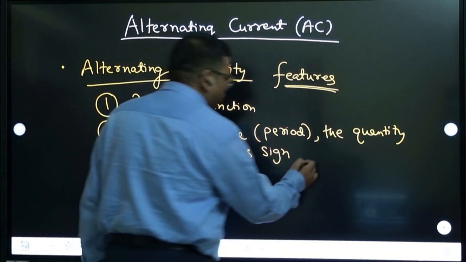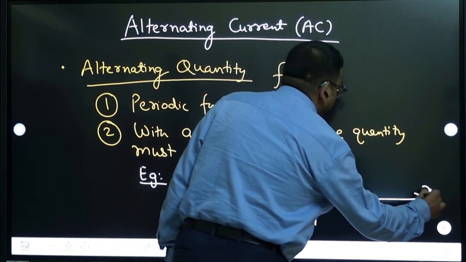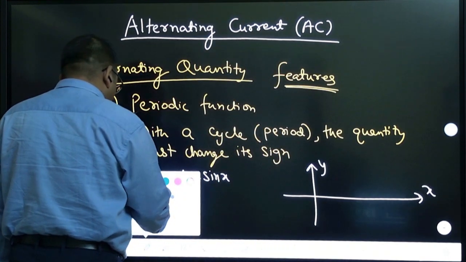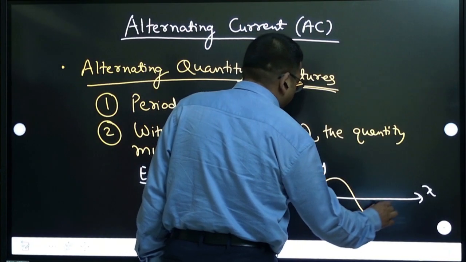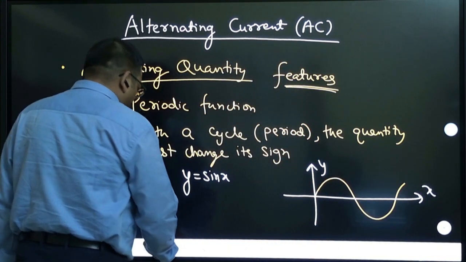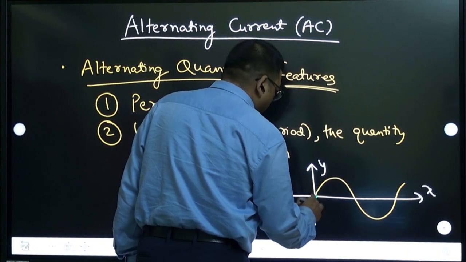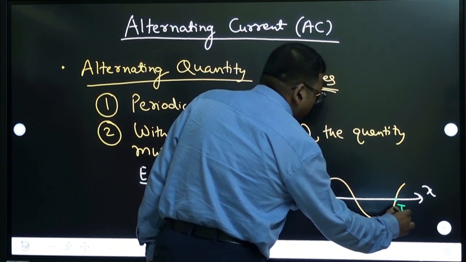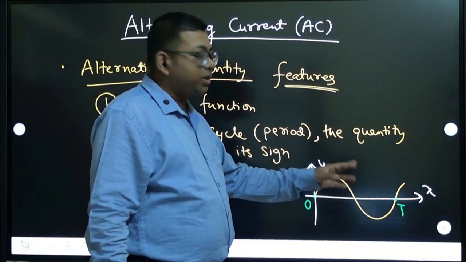Suppose I draw this graph, y versus x. The graph of y equal to sin x is a sinusoidal function like this. We know that it is a periodic function, so from 0 to this T, the graph repeats after this cycle. This is called one complete cycle.